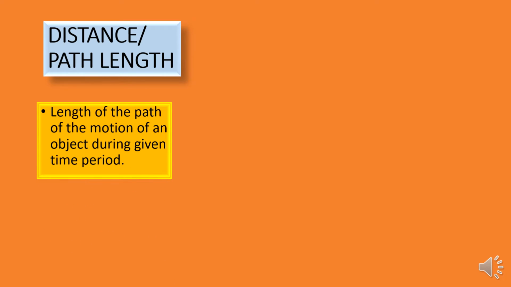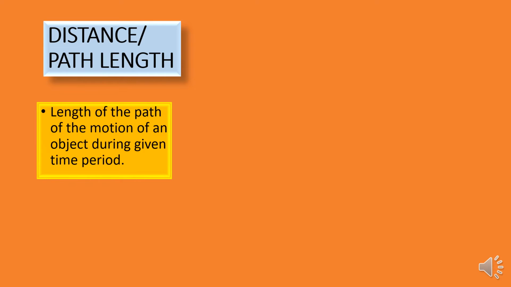The definition says distance means the length of the path. The other name already states the definition, path length. लेंथ ऑफ द पाथ ऑफ द मोशन ऑफ एन ऑब्जेक्ट ड्यूरिंग अ गिवन पीरियड ऑफ टाइम. एक पर्टिकुलर टाइम पीरियड के अंदर एक जो बॉडी है वो उसने कितना डिस्टेंस, उसने कितना लेंथ कवर करा है, is called distance or the path length.